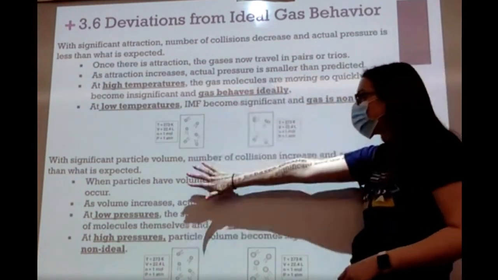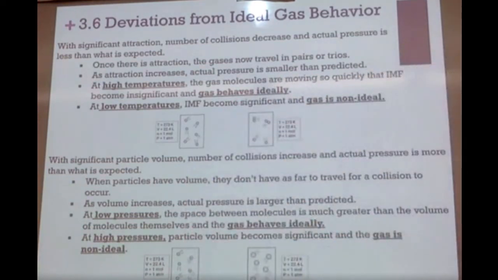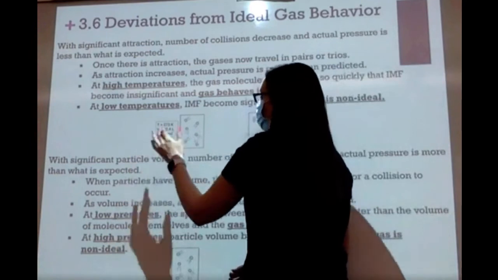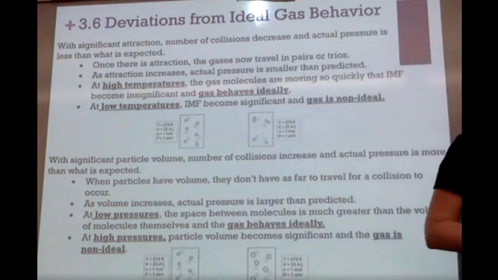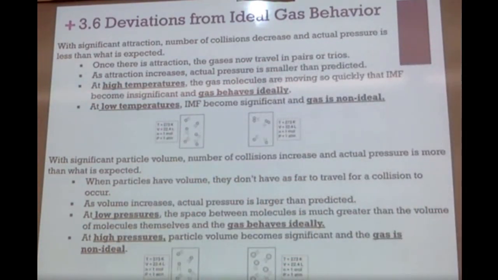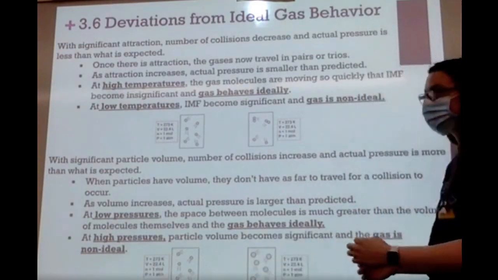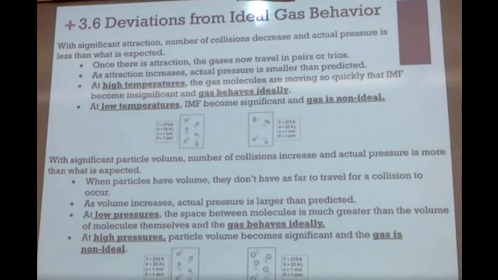Now the second factor that affects real versus ideal gas is particle volume. We are talking about particle volume, not container volume. So when the particles actually have a volume, they're larger than we expect.